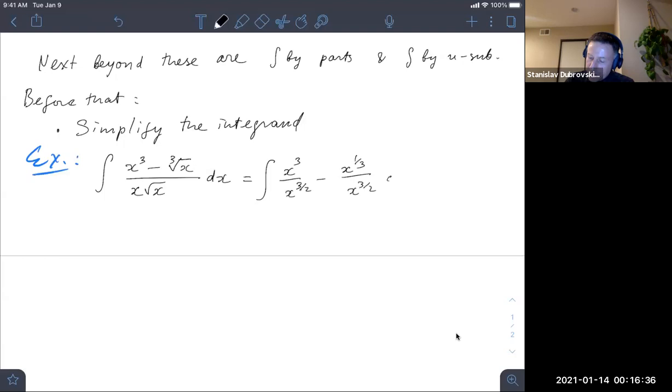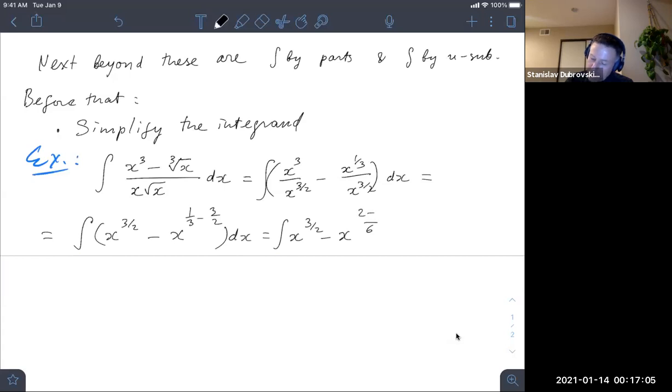Then it starts looking better. We'll get the integral of x to the 3 minus 3 halves, which will give you 3 halves. And here 1/3 minus 3 halves. What is that? Common denominator is 6. So you will get how many 6?